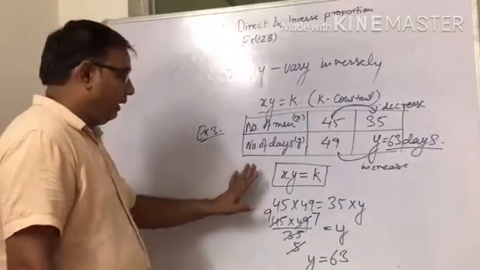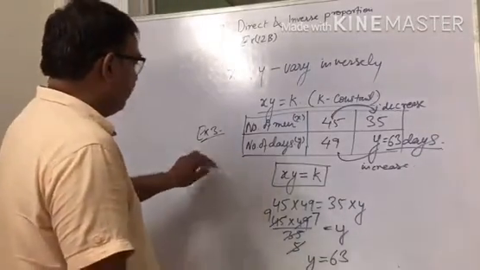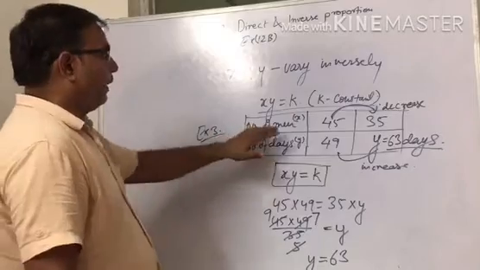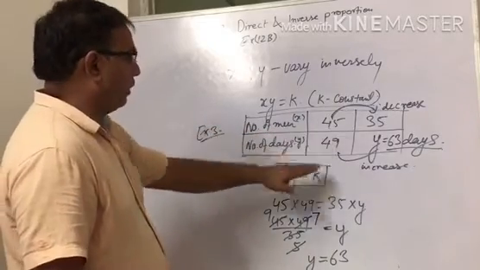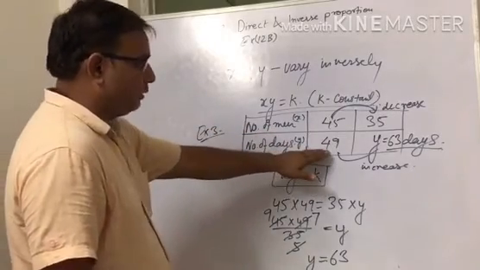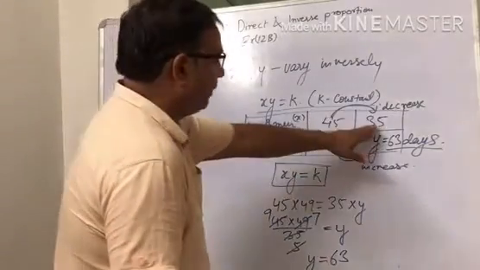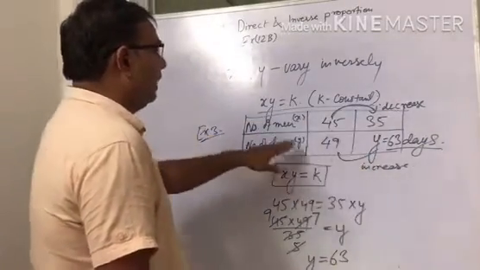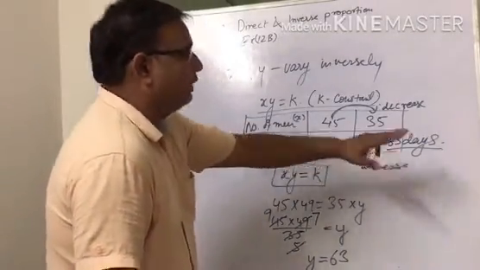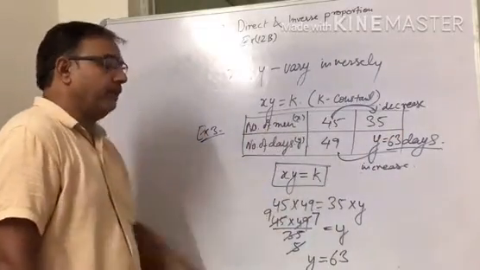I think it will be easy and good for you. So the number of men is 45 and the number of days to complete the work is 49 days. If the number of men is decreased to 35, our number of days is increased to 63 days. This is the inverse proportion.